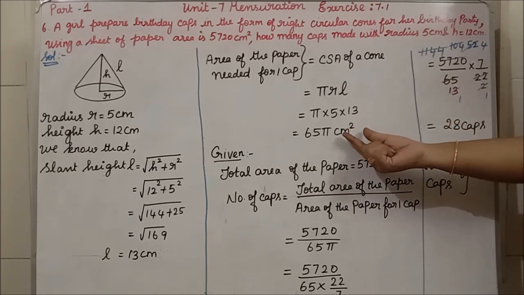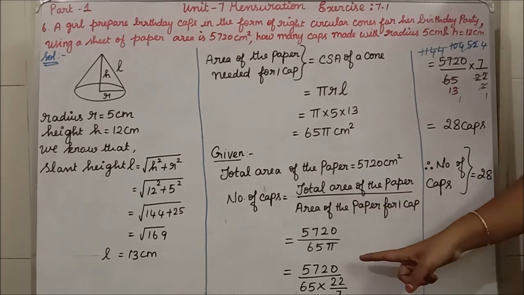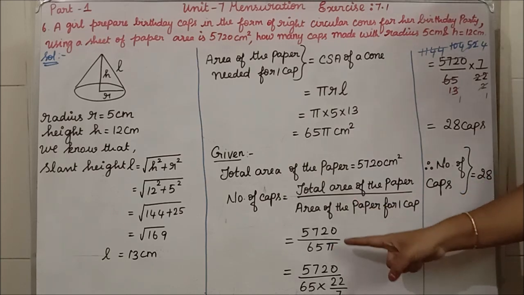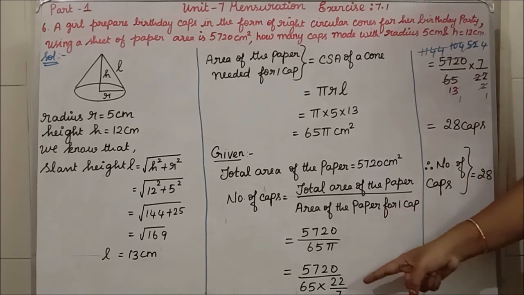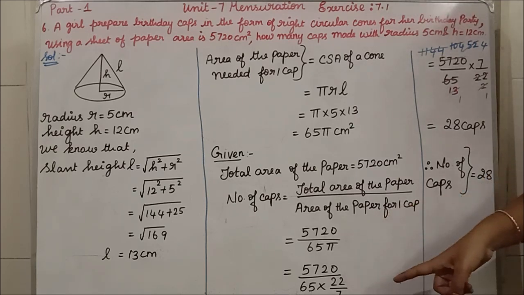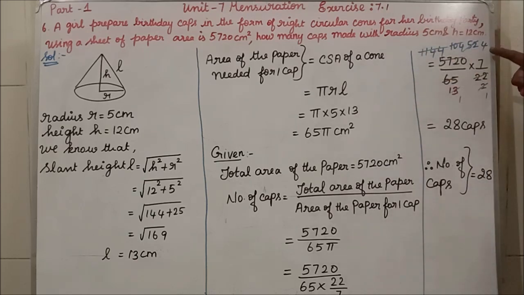How much have we calculated? 65 into pi. So 5720 divided by 65 into pi, and now I am substituting the value of pi, which is 22 by 7. When a fraction is in the denominator, it becomes its reciprocal. So 7 divided by 22. After cancelling, in the numerator I have got 4 and here 7.